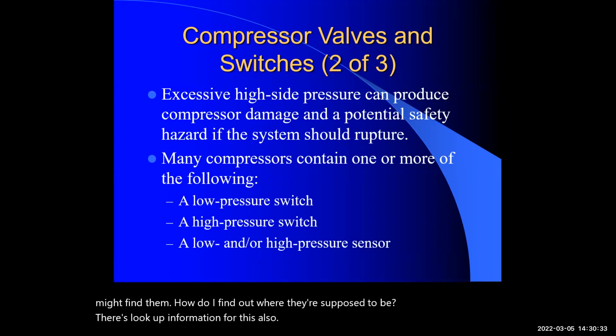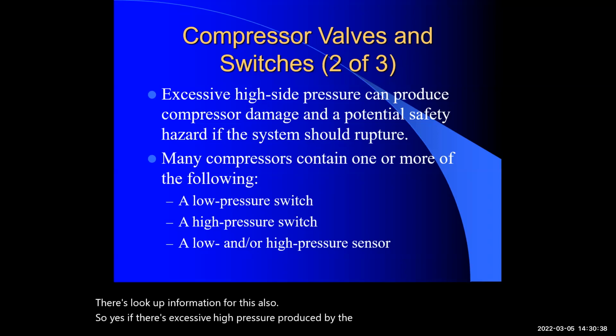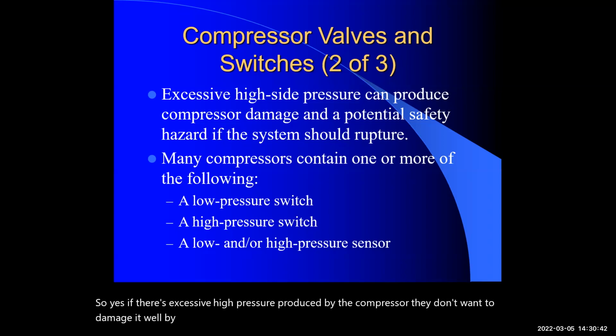So yes, if there's excessive high pressure produced by the compressor, they don't want to damage it. We don't want to damage the compressor and cause possible rupture, like I said earlier, of hoses, and possibly have a compressor damaged.